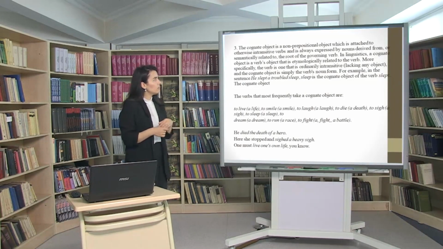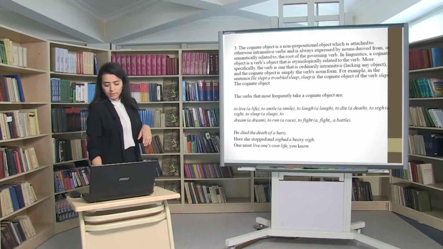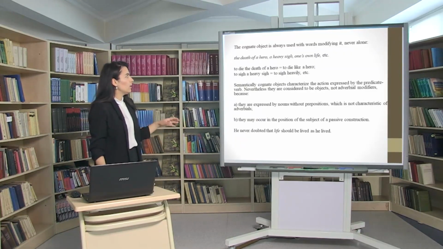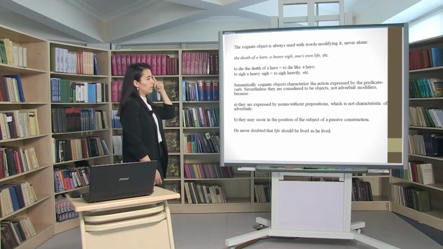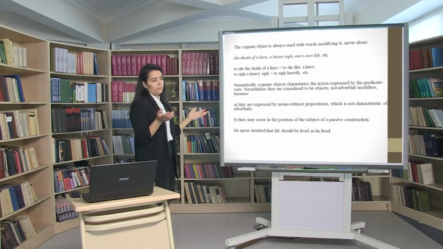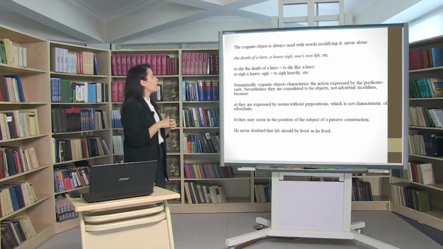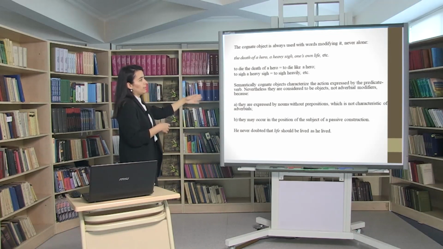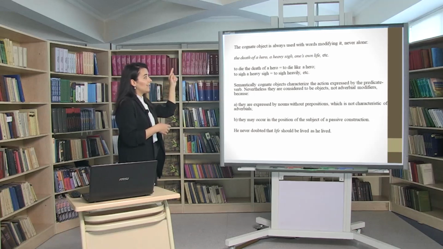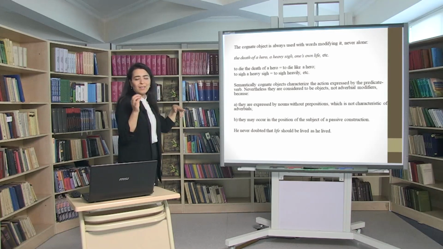I think finding the cognate object in a sentence is very easy, because simply you should pay attention to the verb and object. They should have the same root. A cognate object is always used with words modifying it, never alone. For example, to die the death of a hero means to die like a hero.